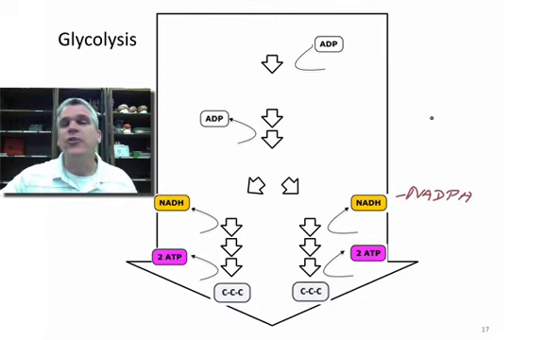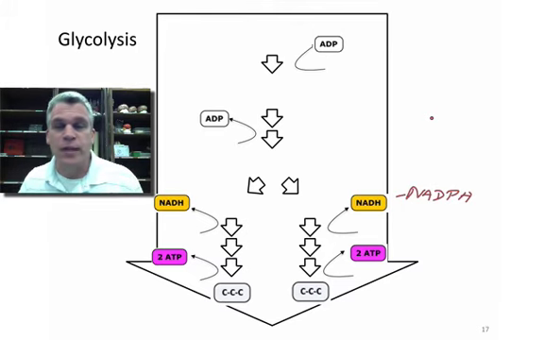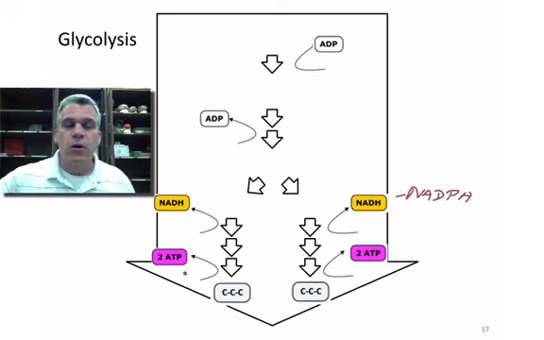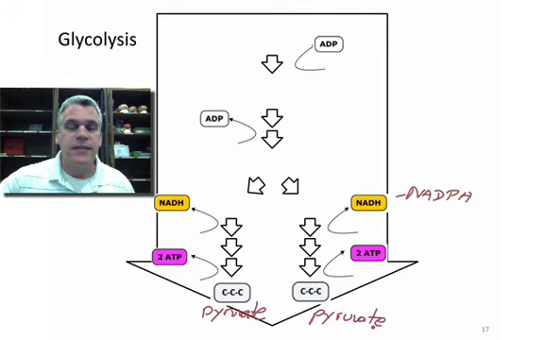They're taking a little bit of energy away from the glucose molecule, and they're going to be transferring it over to electron transport. So we need to keep a close eye on these NADHs. And the end result is going to be 2 molecules of an acid called pyruvate.